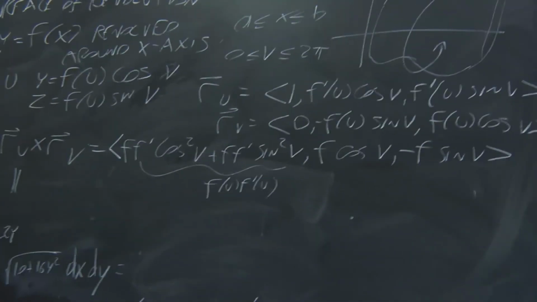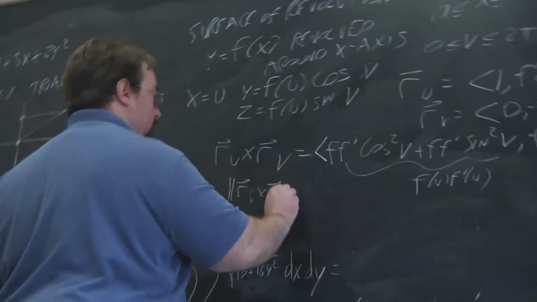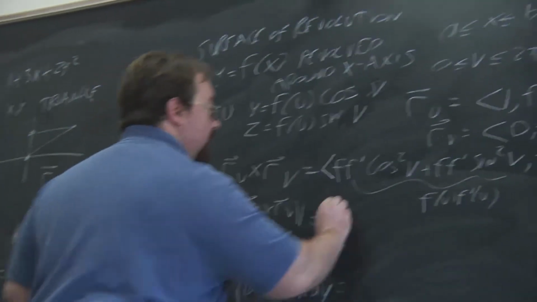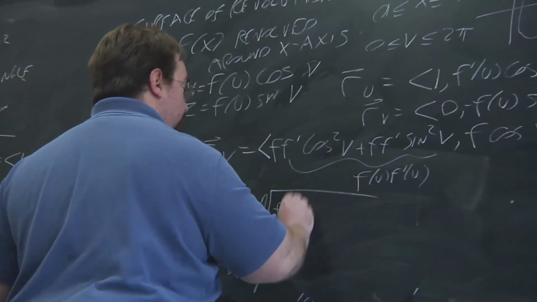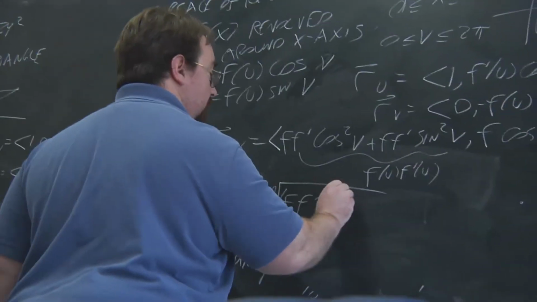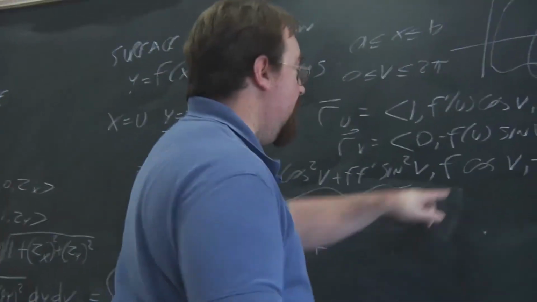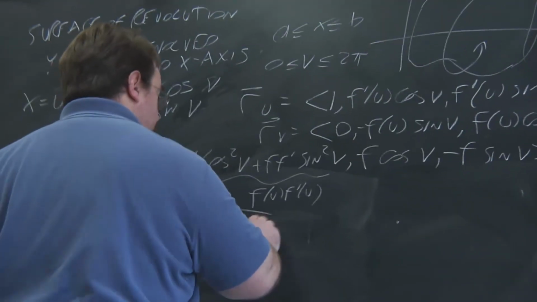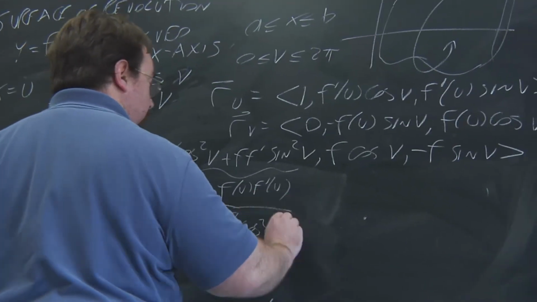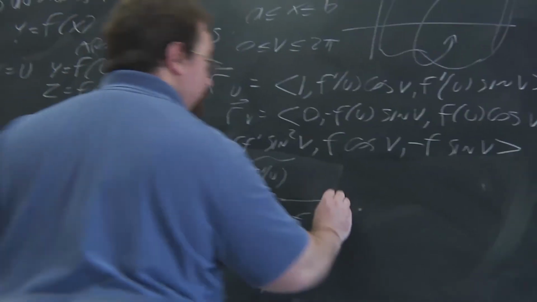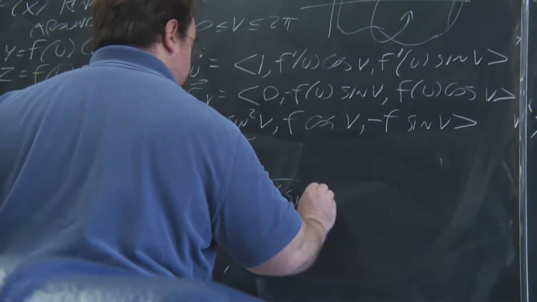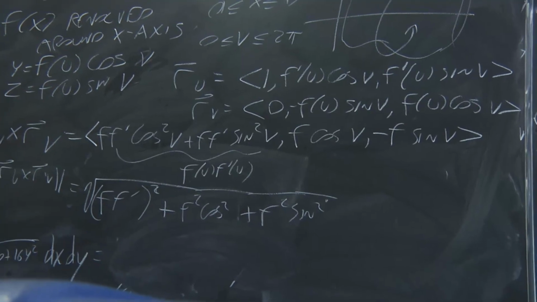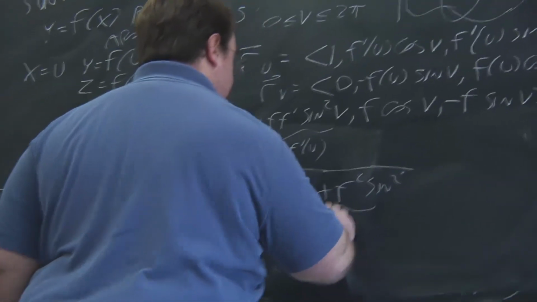So now when you compute the magnitude of this, you're going to get the square root of f prime squared plus f squared cosine squared. Yes, I'm being horribly abusive with my notation, deal with it. To see how things simplify, these simplify to f squared.